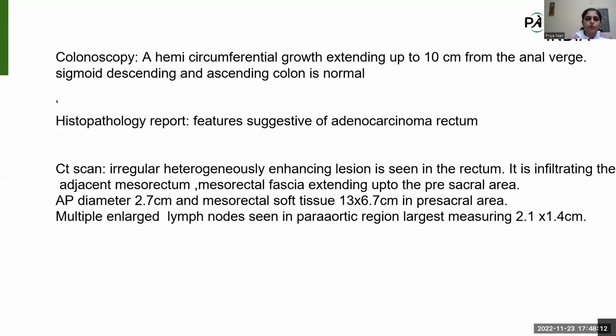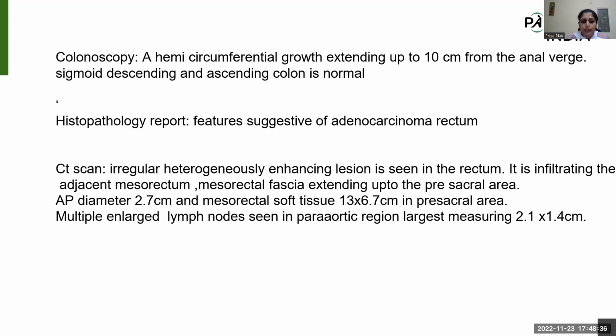Patient's colonoscopy report showed that he had a hemicircumferential growth, which was extending up to 10 centimeter from the anal verge. Sigmoid, descending and ascending colon were normal. Biopsy of the tumor was done, which showed features suggestive of adenocarcinoma rectum. On CT scan, there was irregular heterogeneously enhancing lesion in the rectum.